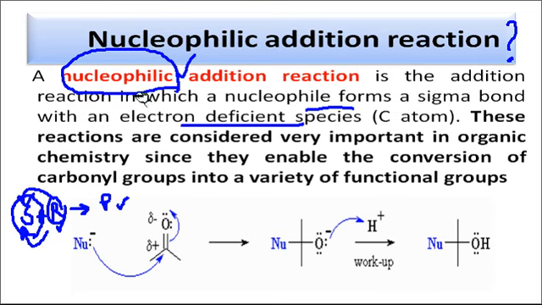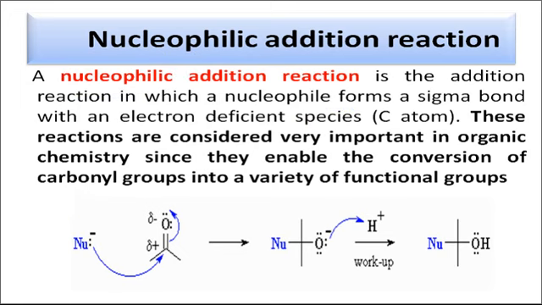So if the reagent is of the nucleophilic type, the substrate must have an electrophilic carbon center, so that the nucleophile can easily add on to that. Carbonyl compounds are the best example of this type of reactions.